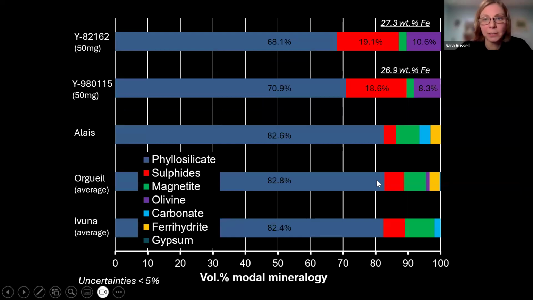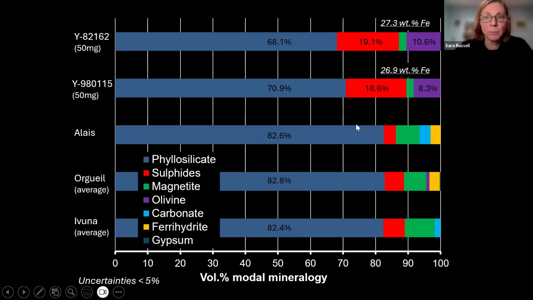So again, this is X-ray diffraction work showing modal mineralogy of two CY meteorites at the top compared to the CI meteorites that we've already seen. So you can see it has a lot less phyllosilicates, and that's partly because the phyllosilicates have been converted to anhydrosilicates, to olivine, by this heating process.